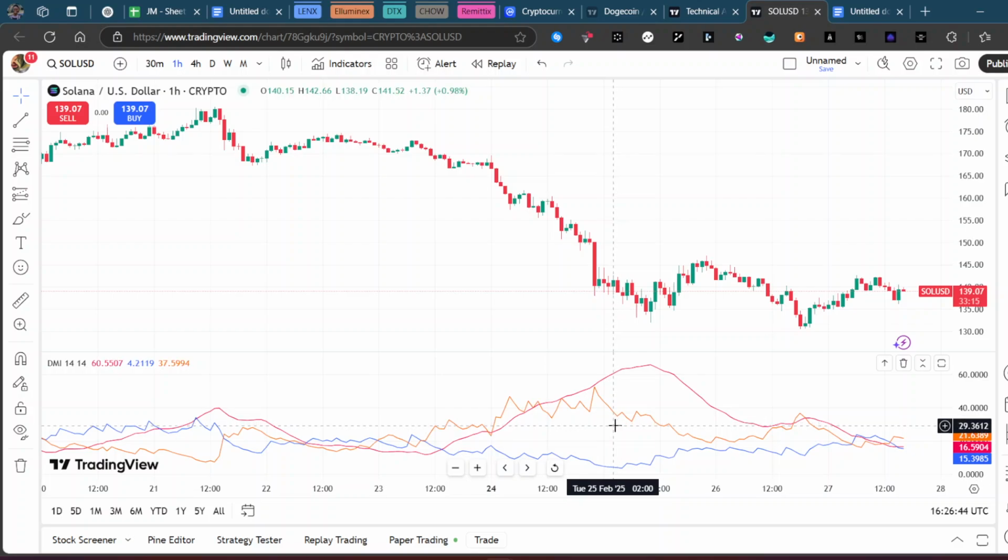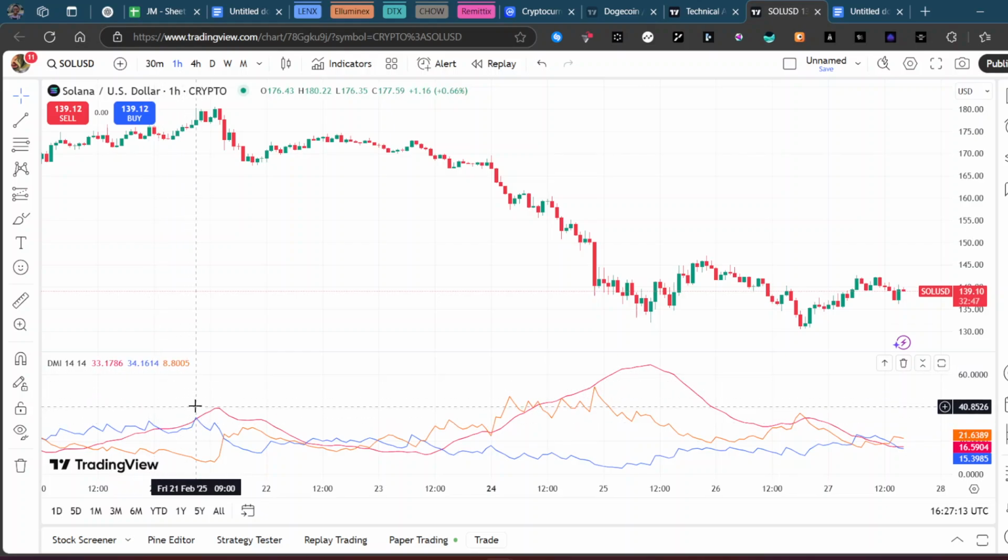The DMI consists of three key components. It consists of the positive DI, the positive directional indicator, which is the blue line. As you can see, the positive DI measures the bullish trend.